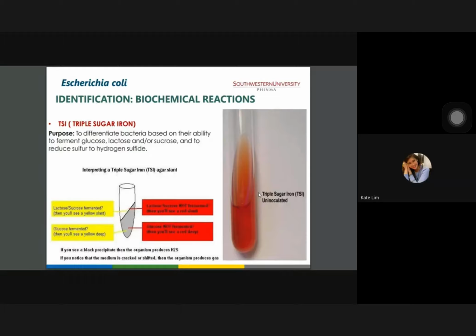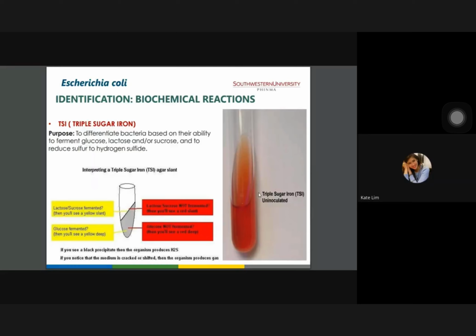So remember that one. Number three, what you need to remember is, what happens if there's fermentation? There is a change of pH. The pH decreases, so there should be an acidic environment.